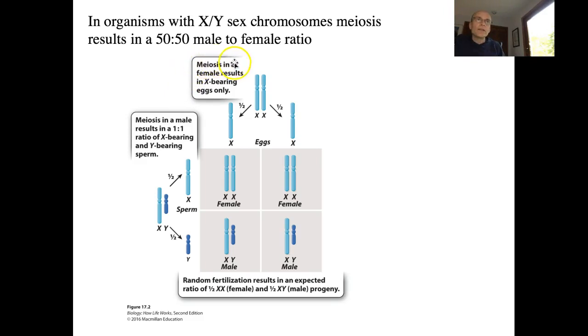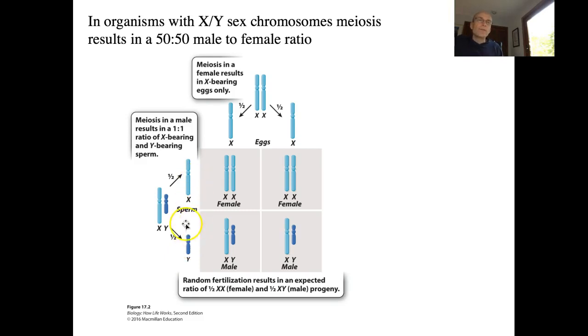So in meiosis, a female has two X's and will produce in her eggs one X chromosome or another X chromosome, while meiosis in a male will result in a 1-to-1 ratio of producing a gamete with an X chromosome or a Y chromosome.